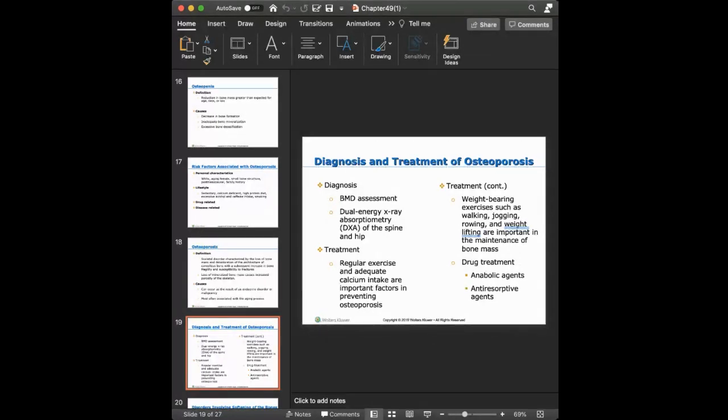So we want to do bone density testing. We want to get x-rays to look at the absorption or the uptake of the bones. And then once we have diagnosed using the x-ray and the bone density testing, we want to increase the patient's exercise, make sure they're getting enough calcium in their diet. So that's our prevention.